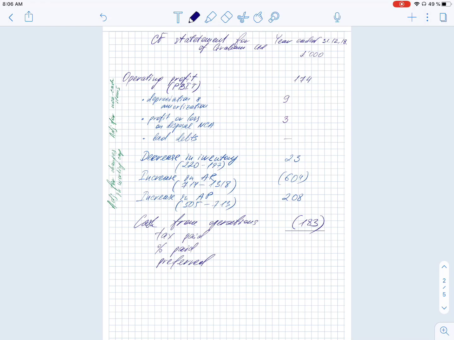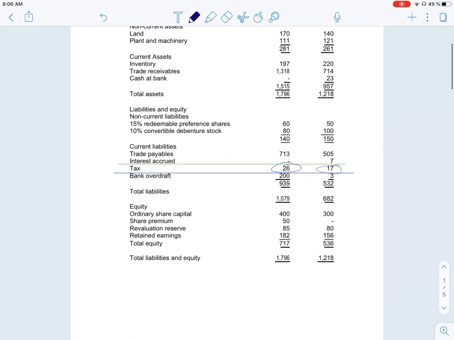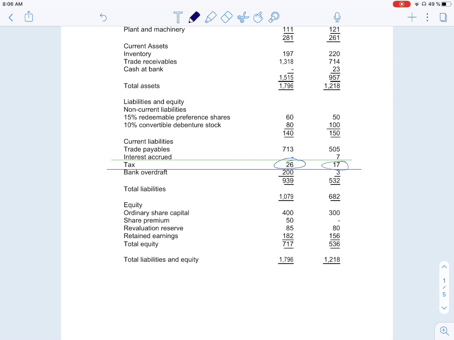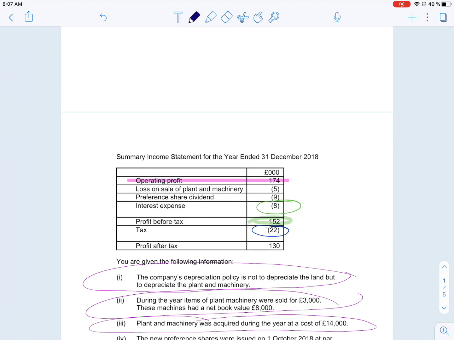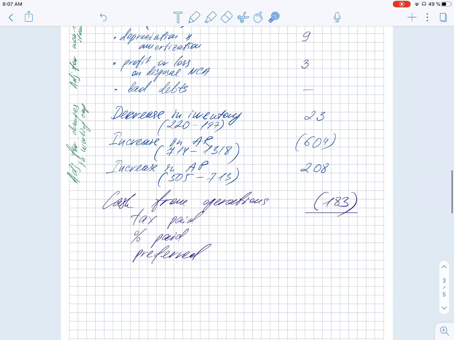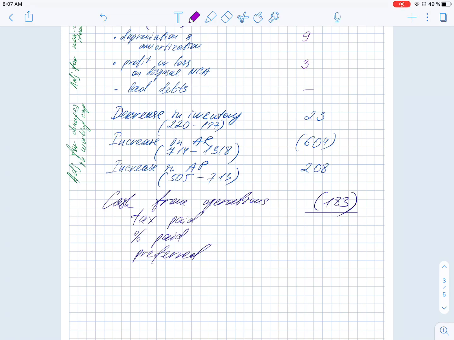Okay, let's consider tax paid. We have to look at the statement of financial position, and here with the blue line I've highlighted the tax line, and we can see that the company owed £17,000 to tax authorities at the beginning of the year and 26 at the end of the year. During the year, the tax expense of the company was 22. If we perform calculations, I will show you, we can easily find out the amount of tax really paid to the government during the year.